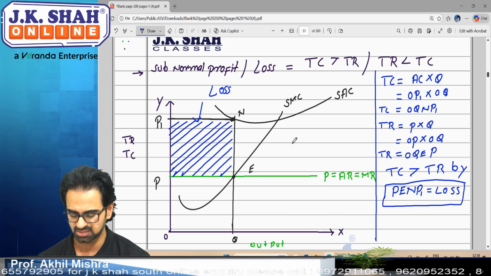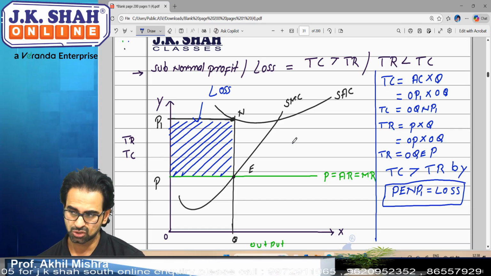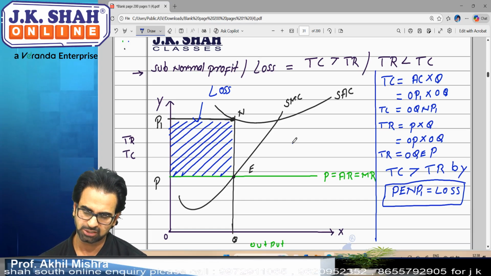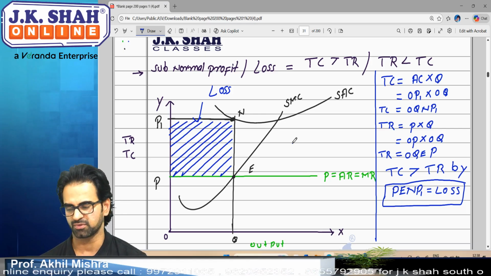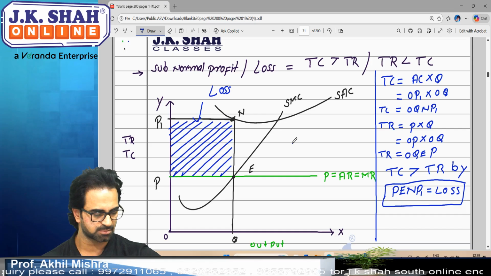But that's the difference in monopoly. In the monopoly market, in the long run, you can only have supernormal profit. But in the short run, in monopoly, you can have all three: supernormal profit, loss, and normal profit. Understand? So now let's go and draw the diagrams.